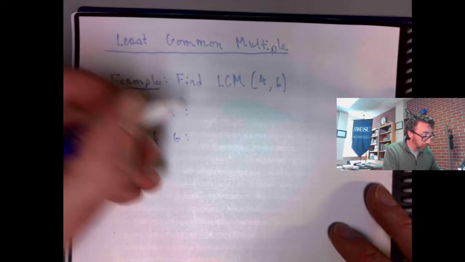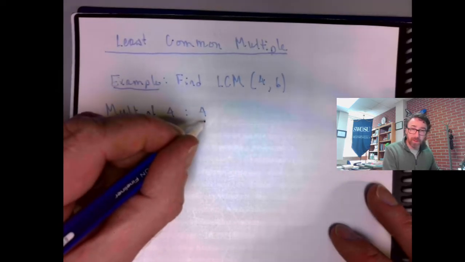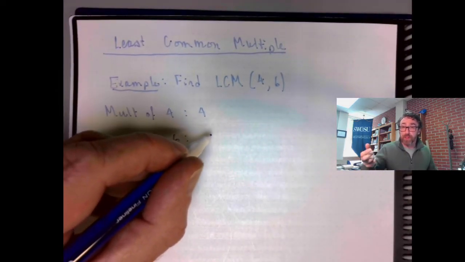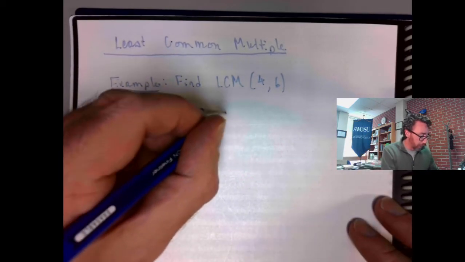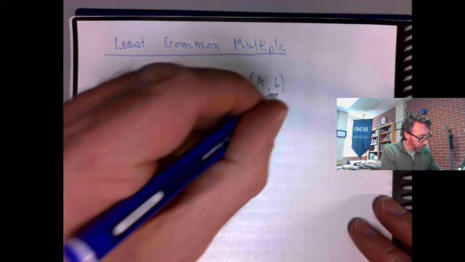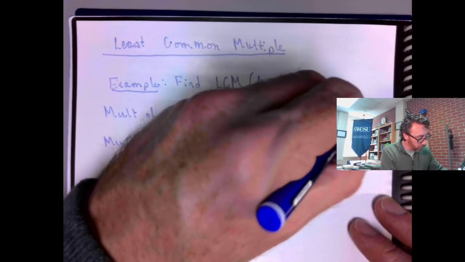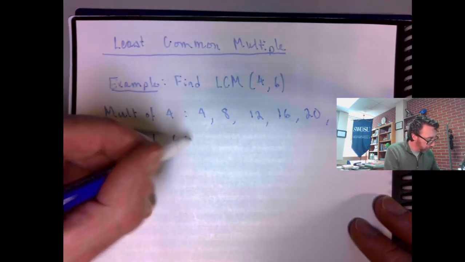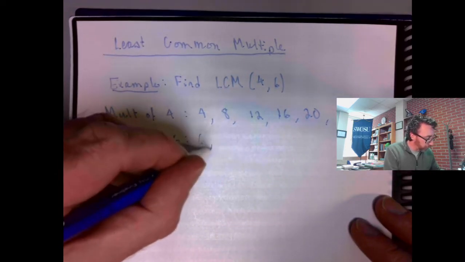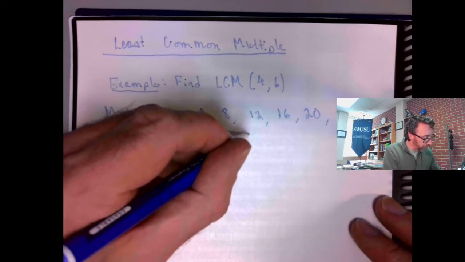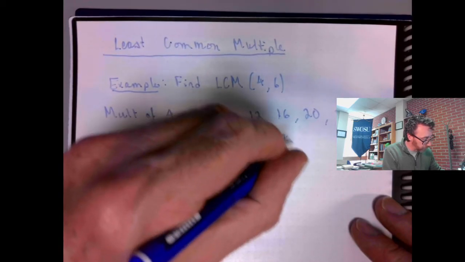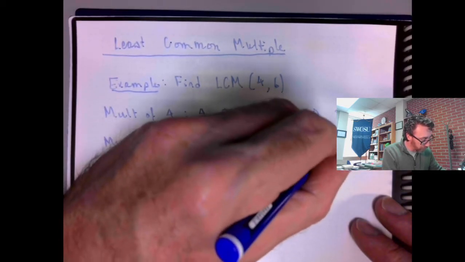So, well, let's look at multiples of 4. The smallest multiple of 4 is 4 itself. 1 times 4. 2 times 4 is 8. 12. 16. 20. 24. Okay, multiples of 6. 6. 12. 18. 24. 30. 36.